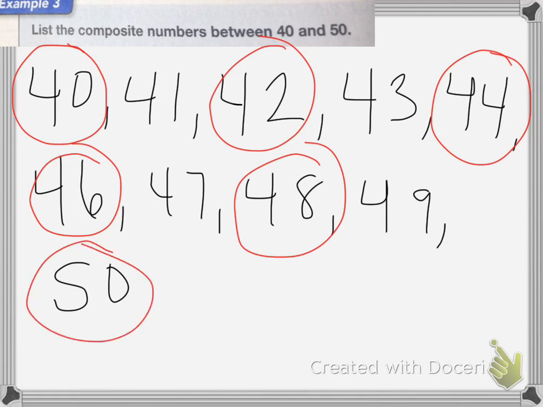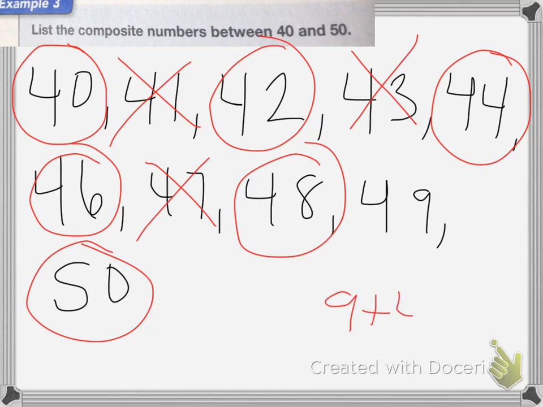Okay, now to look at the other numbers. 41 is going to be prime. 42 is composite. 43 is prime. 47 is prime. And then 49, if you think, 9 plus 4 is equal to 13, so it can't be divided by 3, but 49 can be divided by 7, so 49 is also composite. So these are our composite numbers.